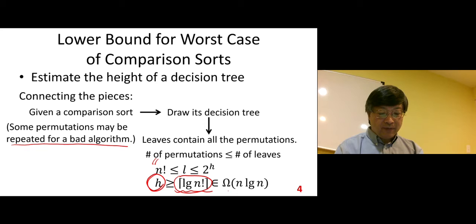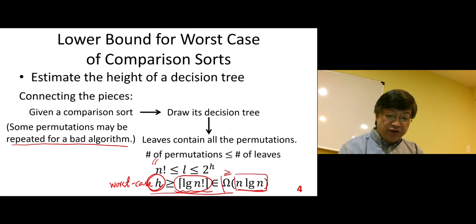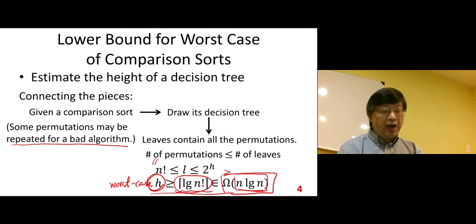So in big omega, the lower bound is n log n. But this height is for the worst case. So the worst case has this n log n lower bound.